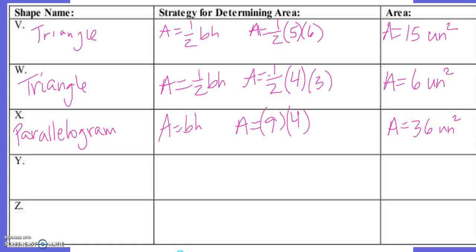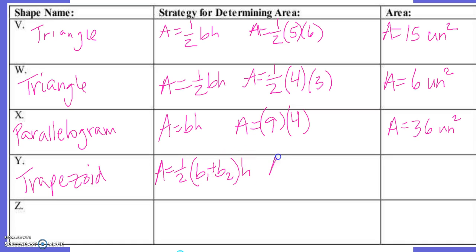If we go back to our table, this is a trapezoid. Formula changes a little here. We've got A is equal to 1/2. This time, because we have two bases, base 1 plus base 2 times the height. So I'm going to substitute in. My two bases were 3 and 5.